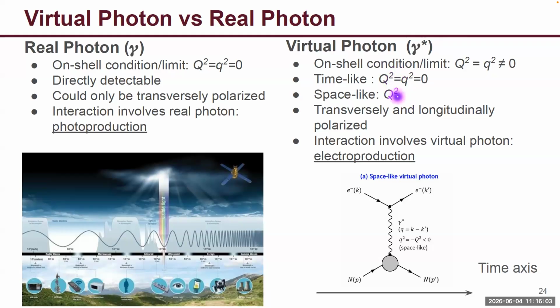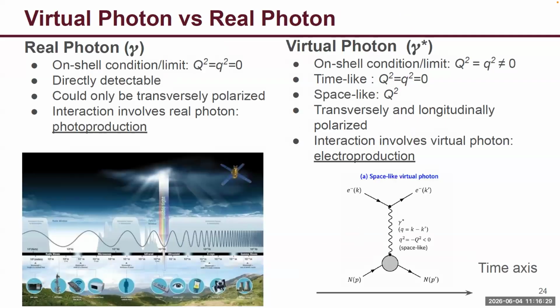It can be transversely polarized or longitudinally polarized. And this is important because we'll talk about the Rosenbluth separation in the second lecture, where you can actually separate these two contributions. And an interaction that involves a virtual photon is called electroproduction.